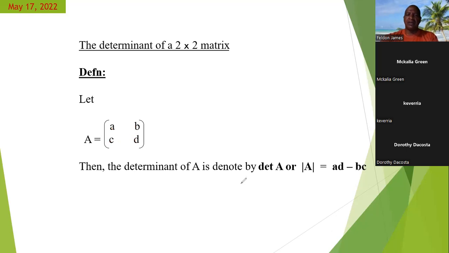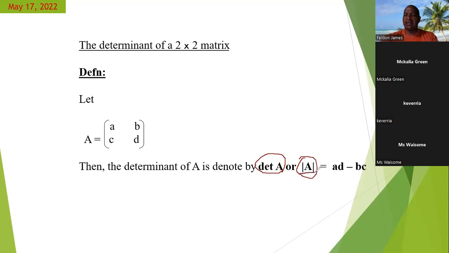Now, the symbol that we use for determinant, we can use either DET A, which means the determinant, or we may use this symbol with two modular signs, which also means determinant.